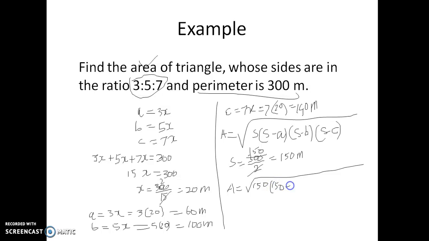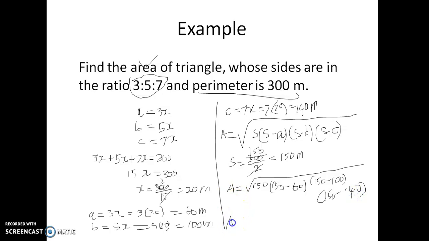150 minus, what is the A value? The A value is 60, and then again 150 minus, what is the B value? The B value is 100, again into 150 minus, what is the C value? The C value is 140. So everything is inside the square root only.